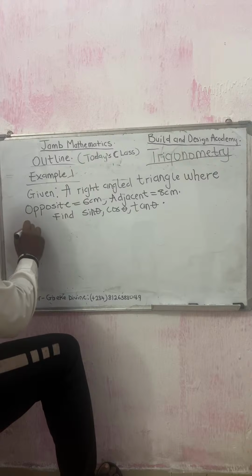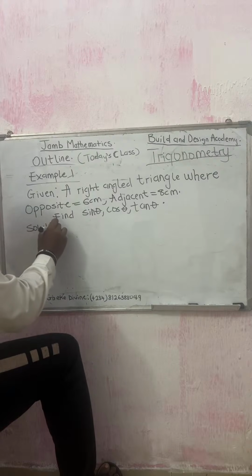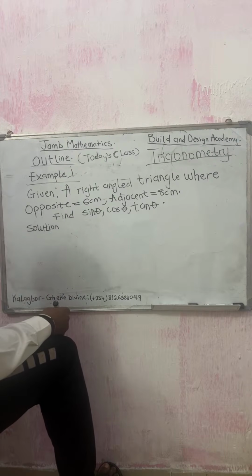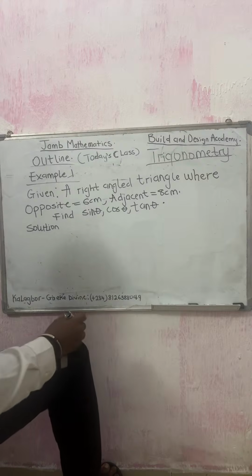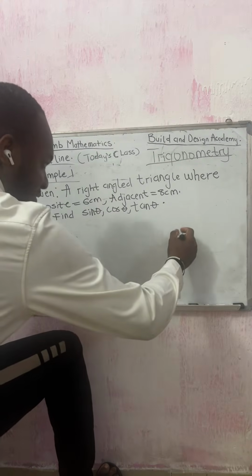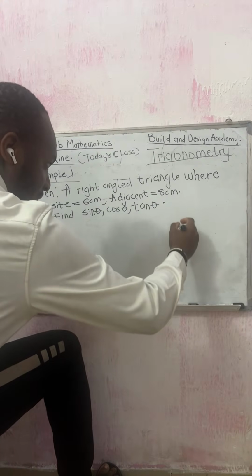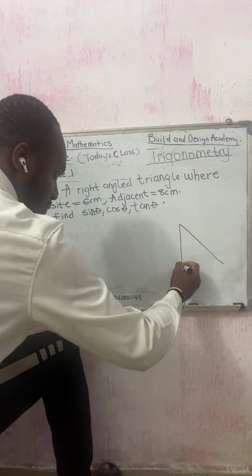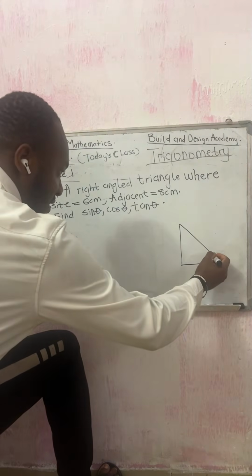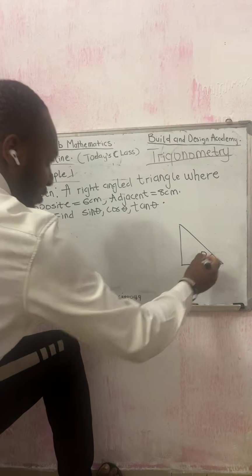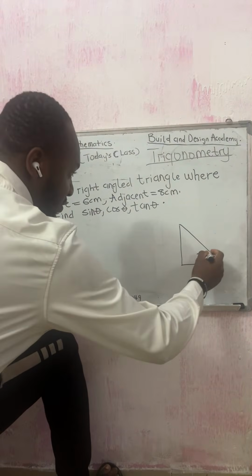So first of all, write out our solution. Next, they say we're given a right angled triangle. So let's draw our right angled triangle over here. And this is our theta, right?